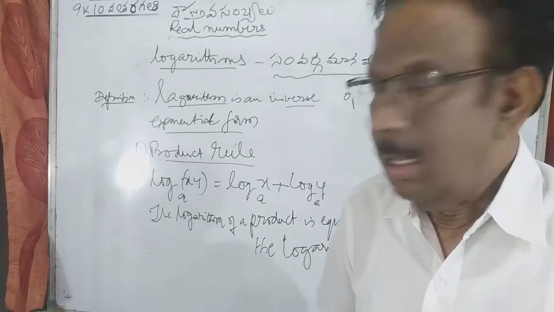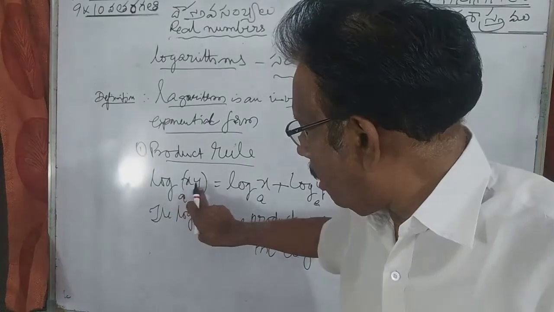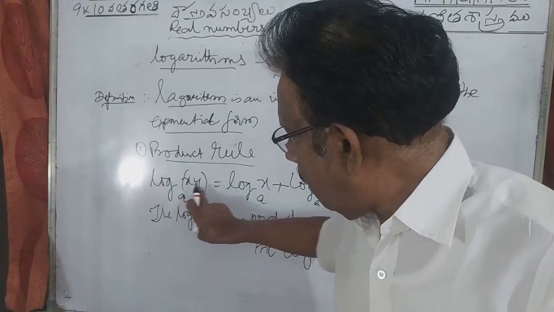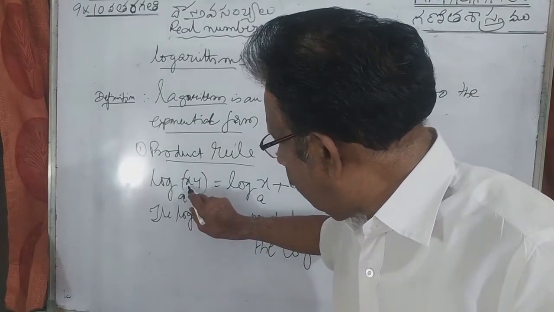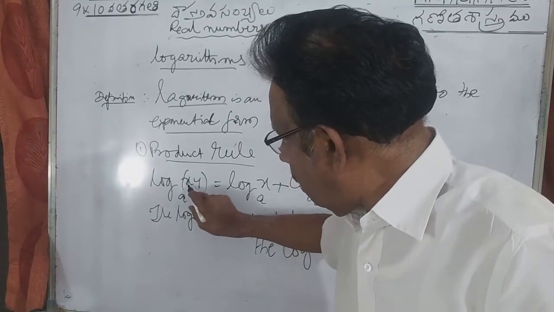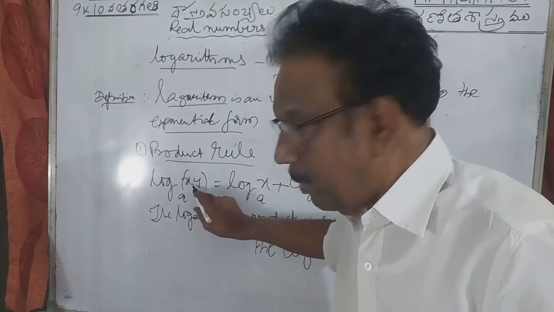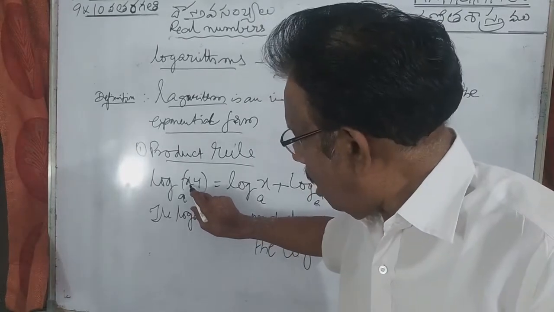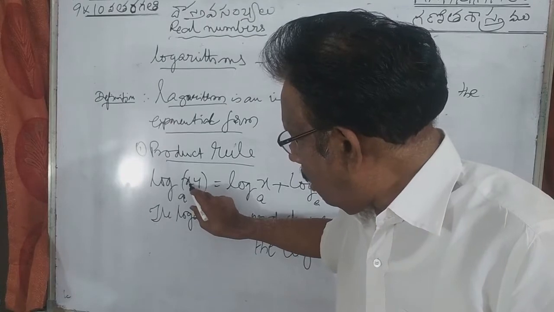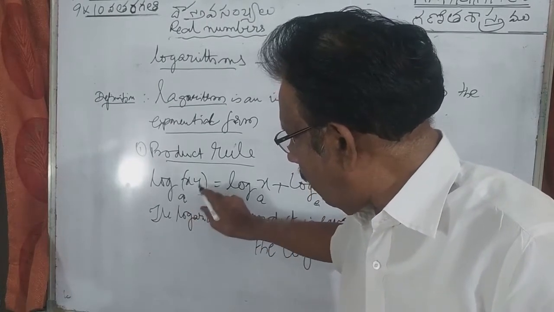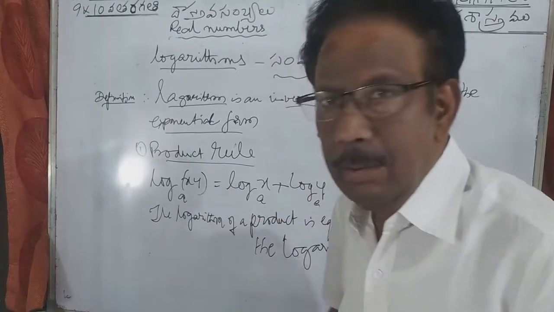So like that, if any product is there, log xy, if the given number is in the product form, you find the logarithms of both the numbers in this product. Since both are multiplying as factors, you find the logarithm of x to base a and of y to base a and add them.